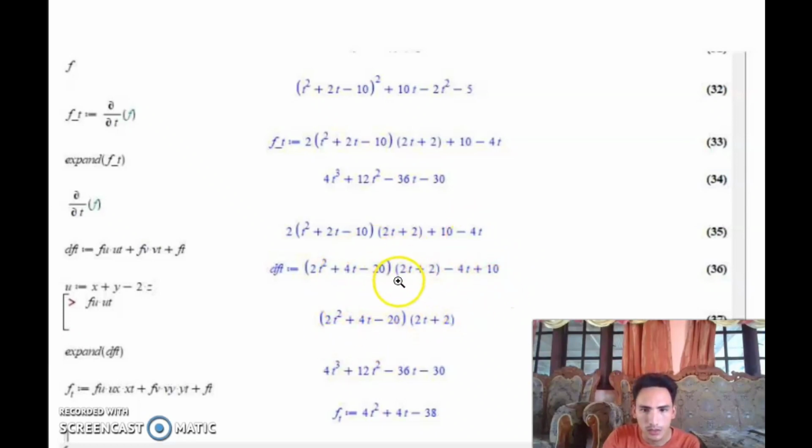We expand again, and we get 4t cubed plus 12t squared minus 36t minus 30. The final answer is 4t squared plus 4t minus 38. Okay, that's all from me. Thank you.